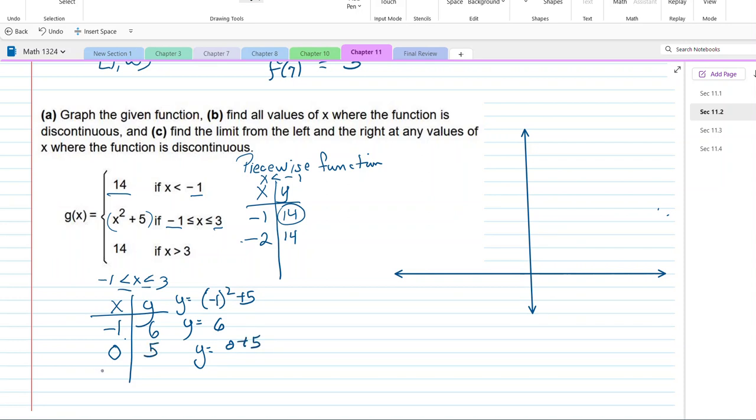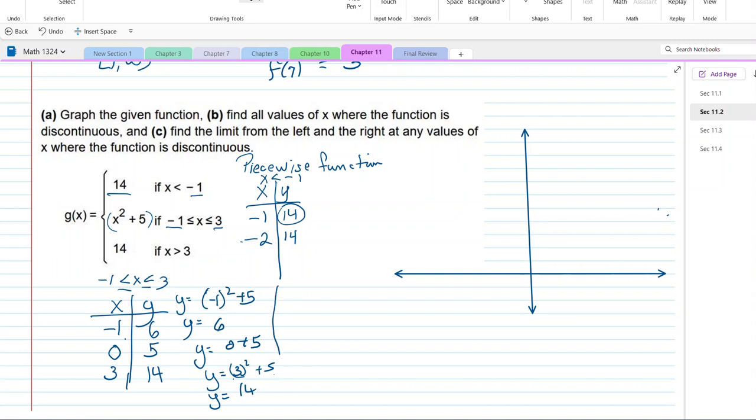And then we're going to put in a 3. So this is 9, 14. All right, and these are closed dots.